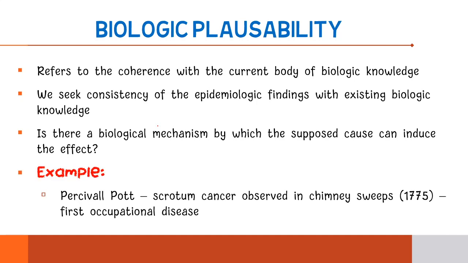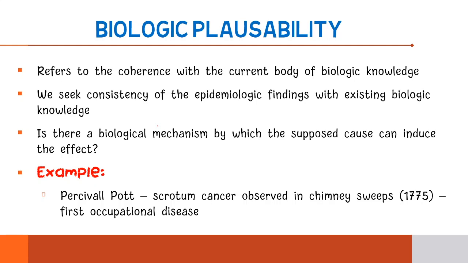So one example is the observation or study that Percival Pott did, na kanang iyahang gibuhat or na-discover. Actually, Percival Pott was the first person to discover the first occupational disease, and that is what we call your chimney sweep's carcinoma.